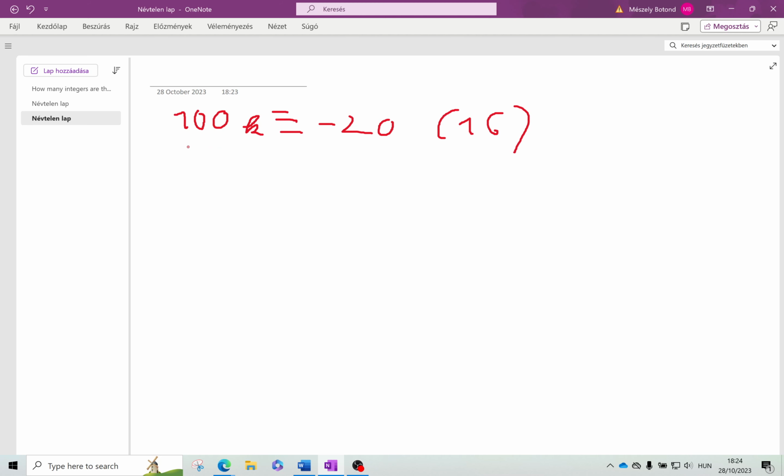You can write it down like this: 4k congruent to 12 modulo 16. Why can you do that? Basically, 100 equals 6 times 16 plus 4.